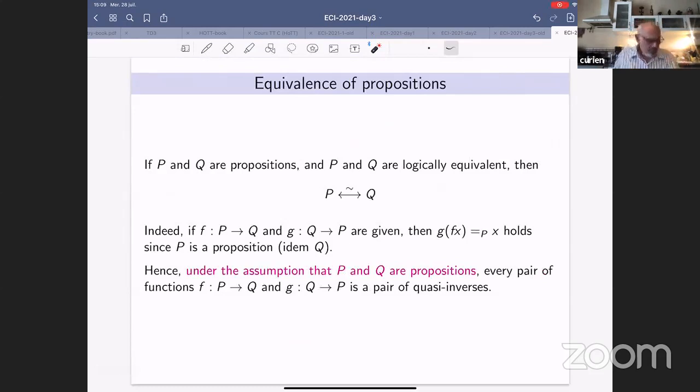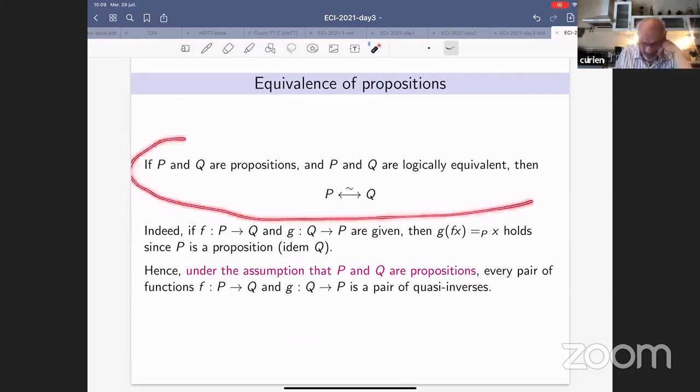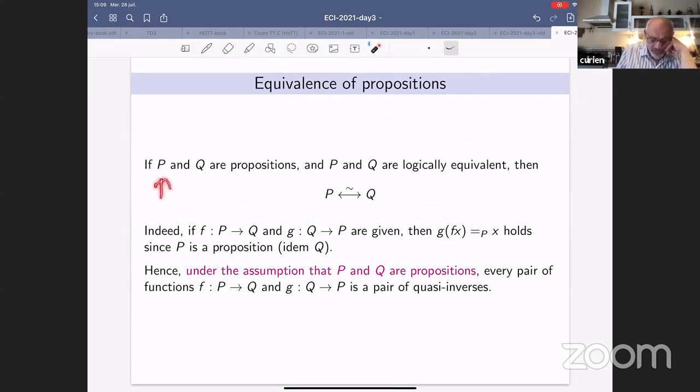Now a few remarks about equivalence and logical equivalence. Here we have a statement which is very easy, but important. If you know that P and Q are propositions, then being logically equivalent is the same thing as being equivalent.